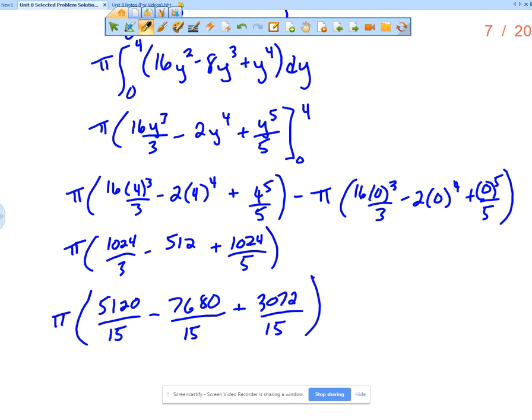So we're taking 3,072 minus 7,680, and then plus 5,120. And so I get 512 pi over 15.